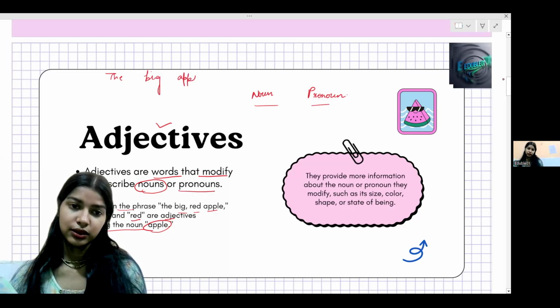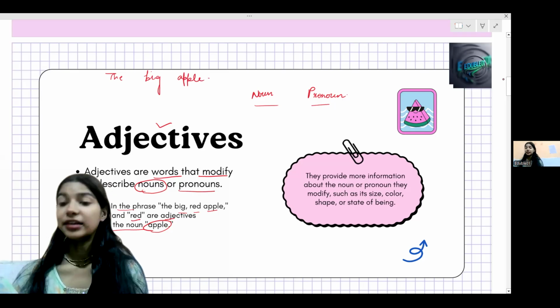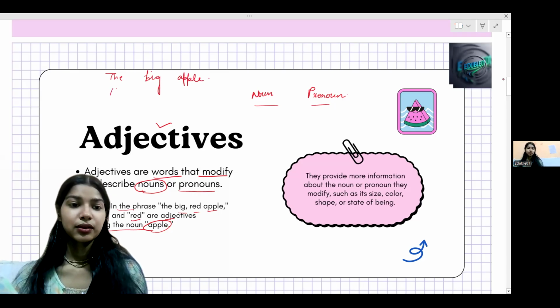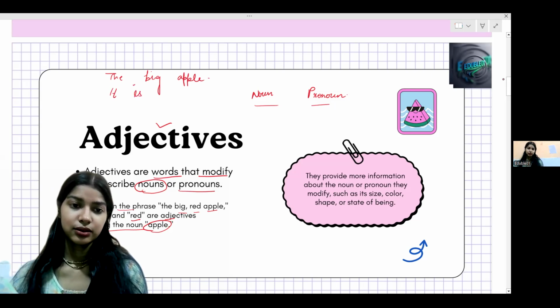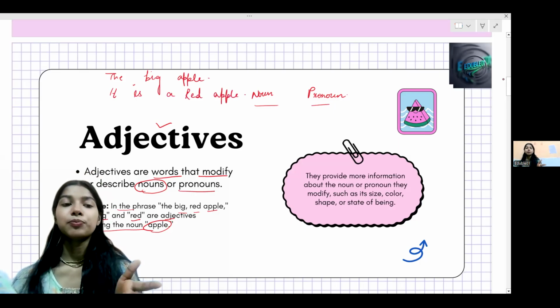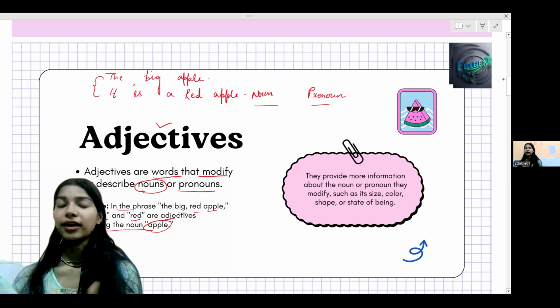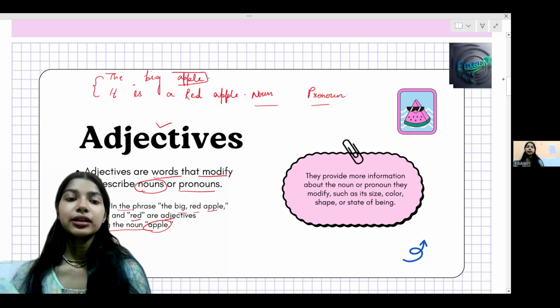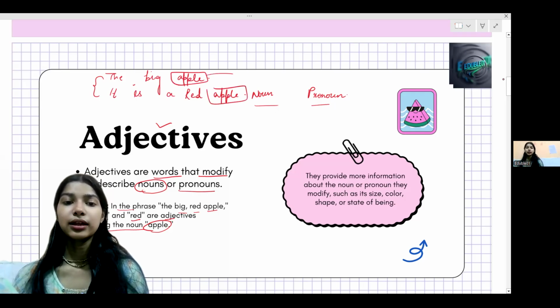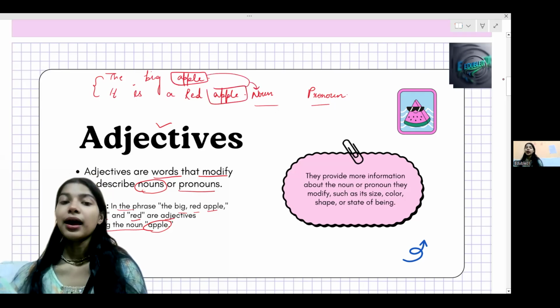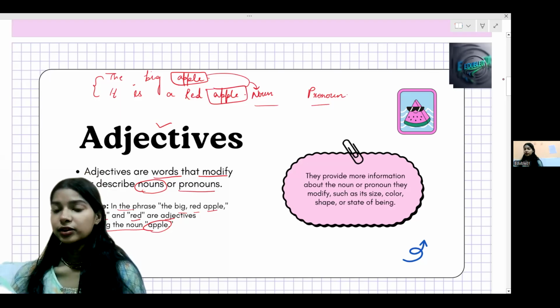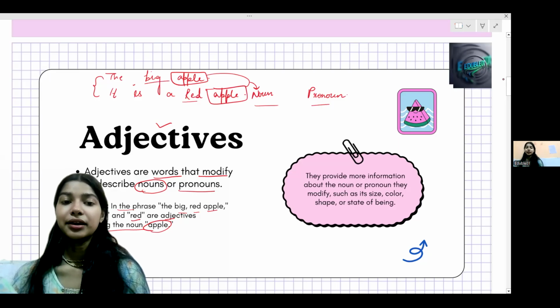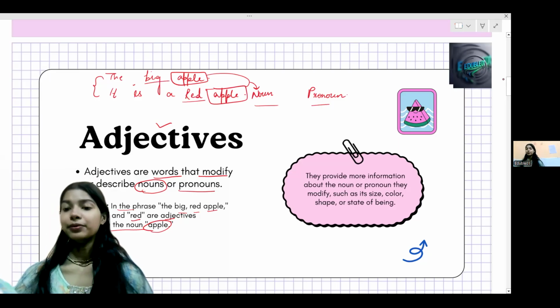And then if I want another sentence, "it is a red apple". In both of the sentences, apple is a noun, and both of these nouns have some describing words, big and red, that are describing the noun apple.